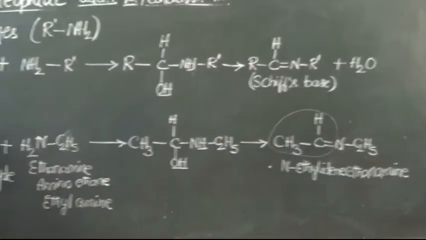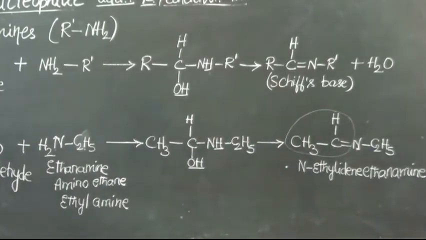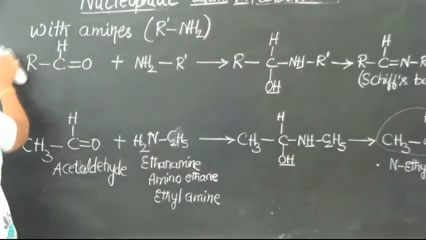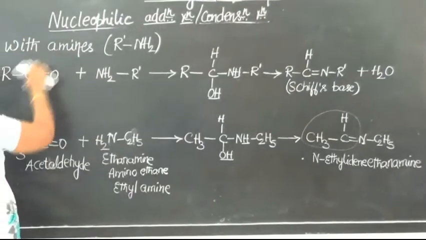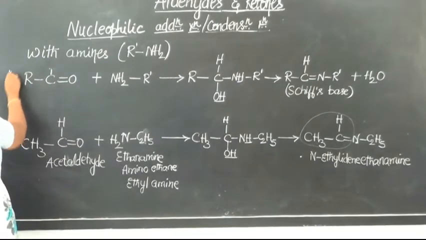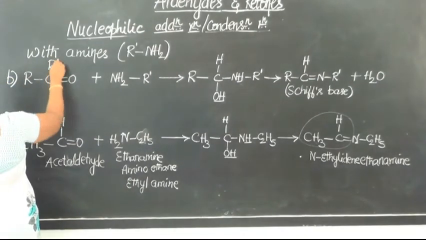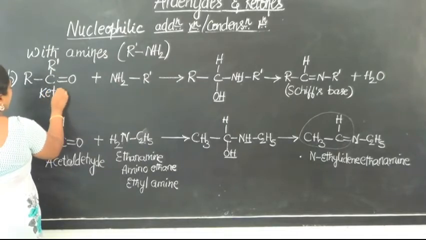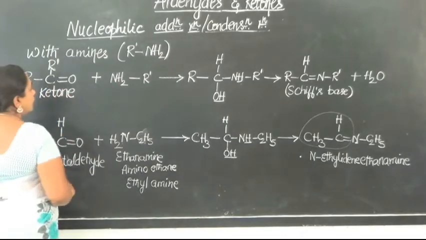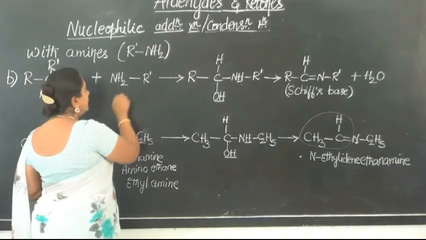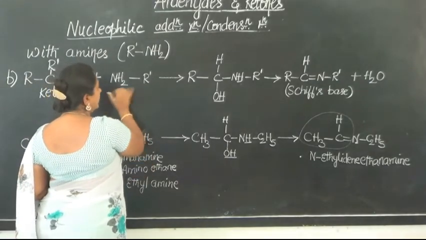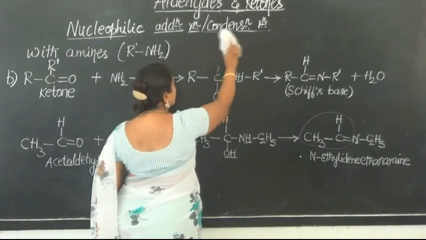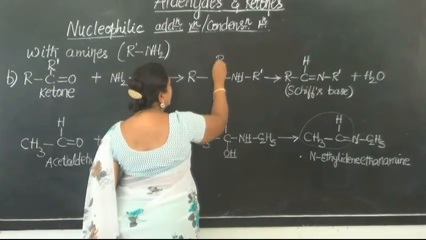Now let us see how a ketone reacts with the amines. So let us do the necessary change. RCOR dash is the ketone. Ketone reacts with an amine. When treated with an amine, they form an addition product, because after all the first step is the process of addition.